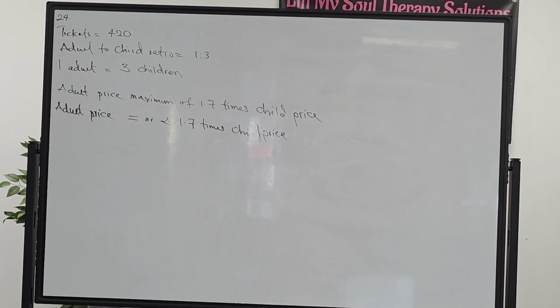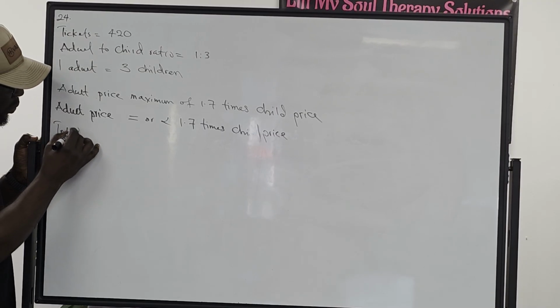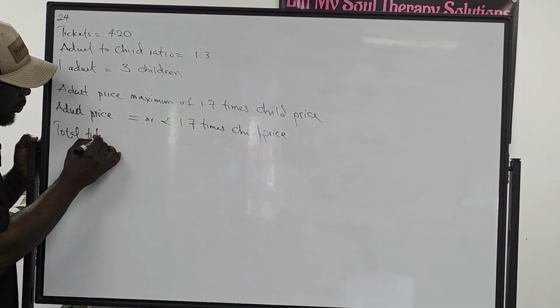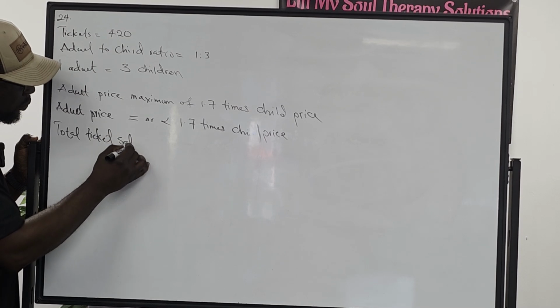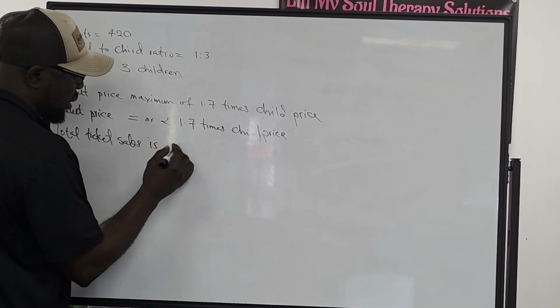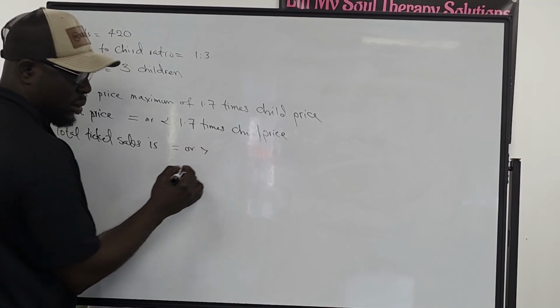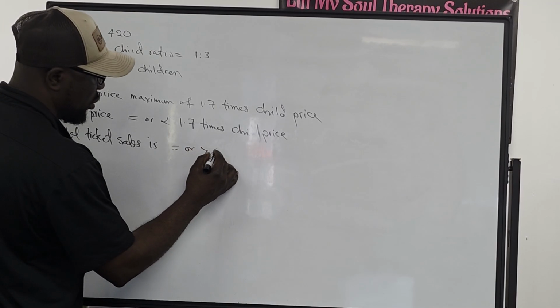Then it said the total amount of money from ticket sales must be at least 2,100. So total ticket sales is equal to or greater than $2,100.